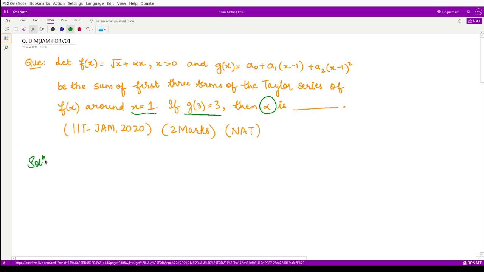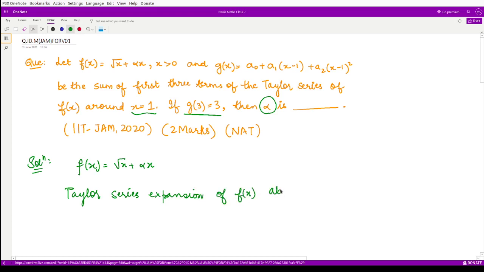So let's solve this. Here the function f(x) is defined to be square root x plus alpha x. You know the Taylor series expansion of this function f(x) about the point x is equal to 1, because in the question they have given this point x is equal to 1.